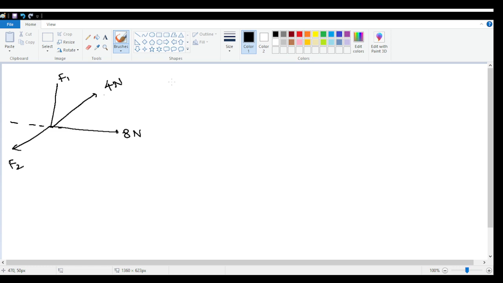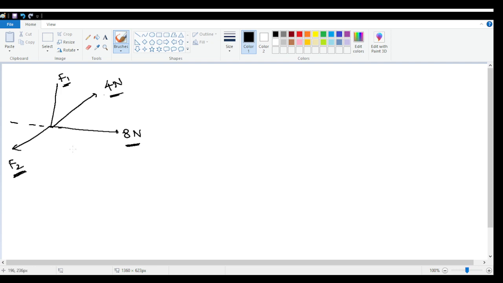What about S5? Is it working? Okay, it is taking some time. Now I am not writing anything. Is it working? F1 is okay, F2 is okay, 4 Newtons okay, 8 Newtons okay. Now it is okay? S6 okay. Now, done.